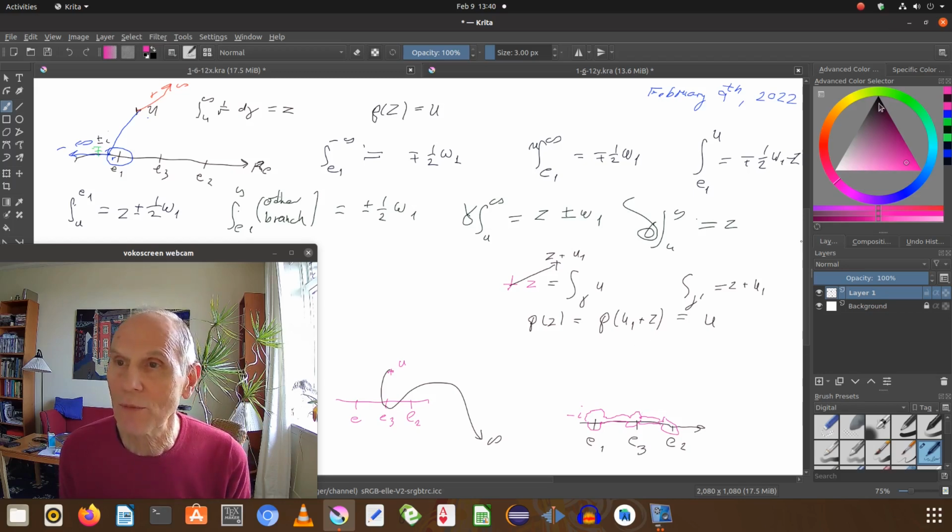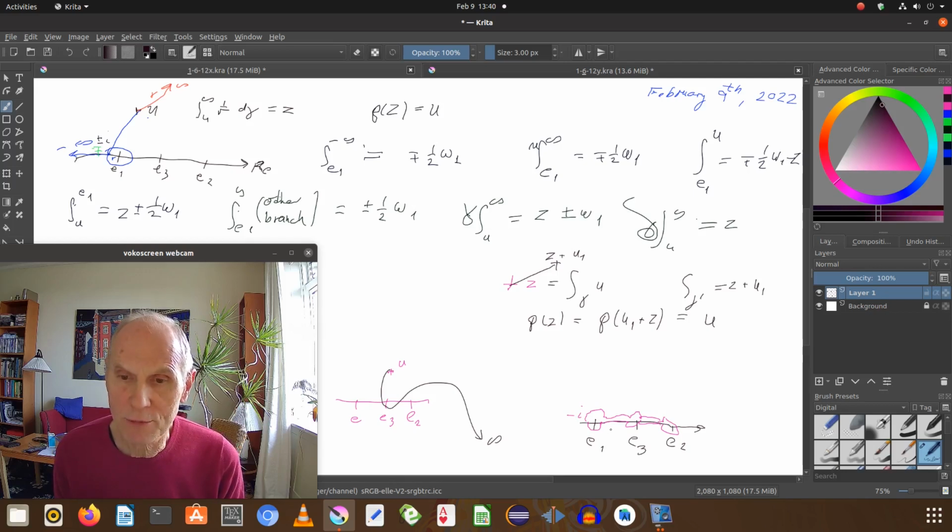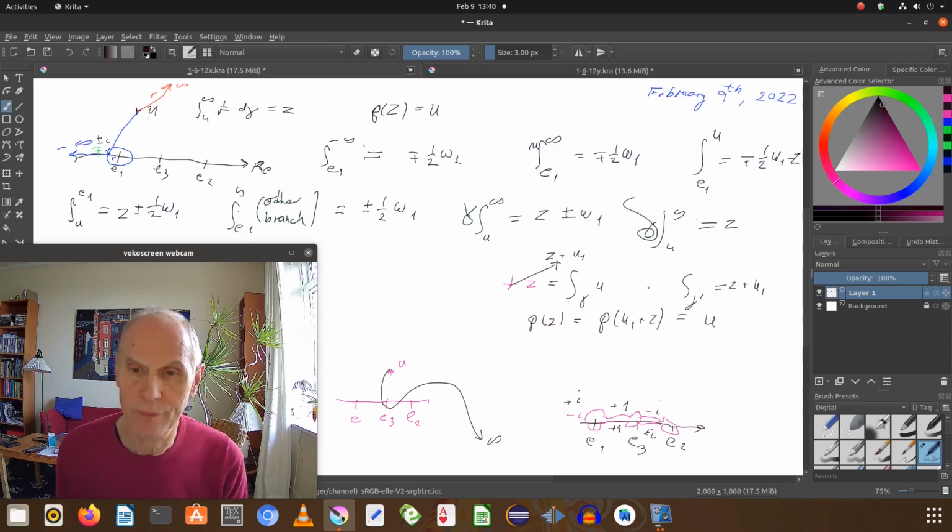So we have to write which branches we are on. This is real, so times I, that gives plus 1, plus I, round, minus I, times I, that's plus 1. So actually going around 2 of the units here, then we come back to the original sign. And then we end up on plus I.